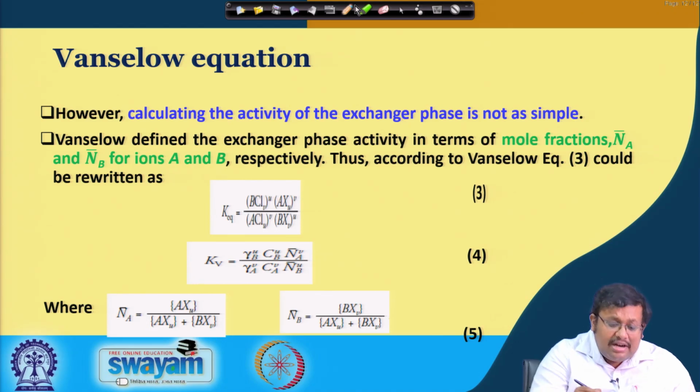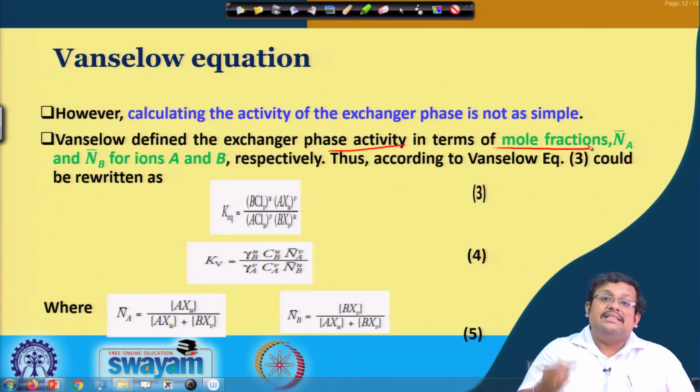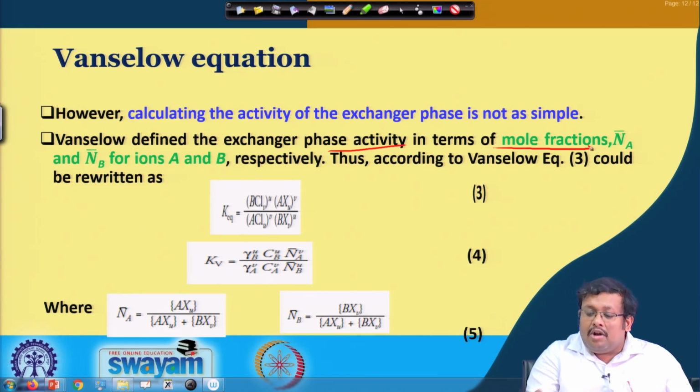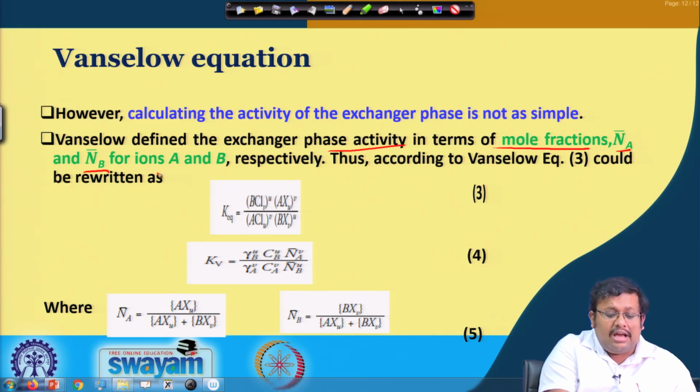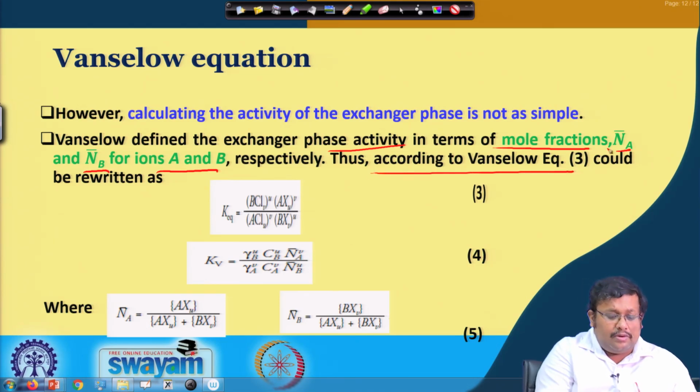Now, Vanselow's law defined the exchanger phase activity in terms of mole fraction. He expressed this exchanger phase activity in terms of mole fractions, NA and NB, for ions A and B. So, according to Vanselow's law, equation 3 could be rewritten as, you can see, this is equation 3 we know.